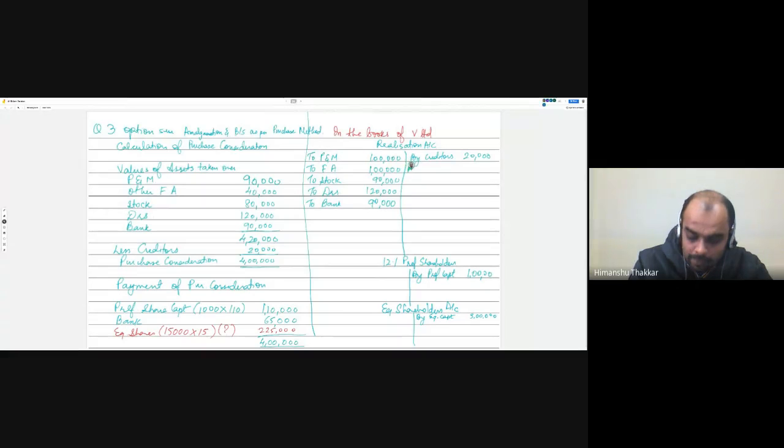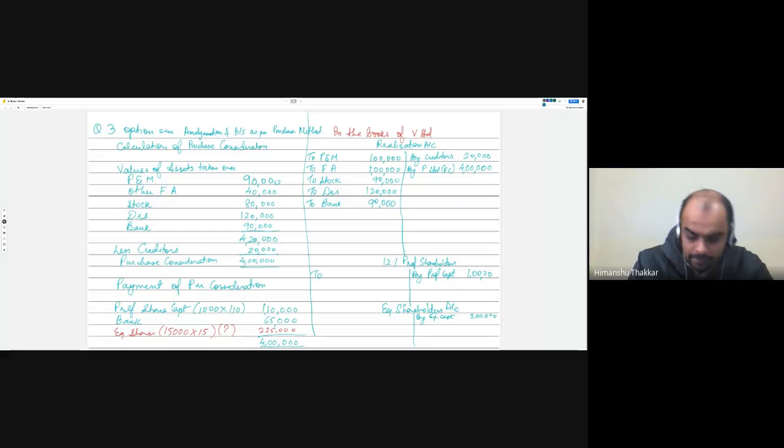Who is the buyer? Purchaser company P Limited. The purchase consideration is decided at 4 lakh, right? Now, after recording purchase consideration, get the amount of purchase consideration in the form of shares.